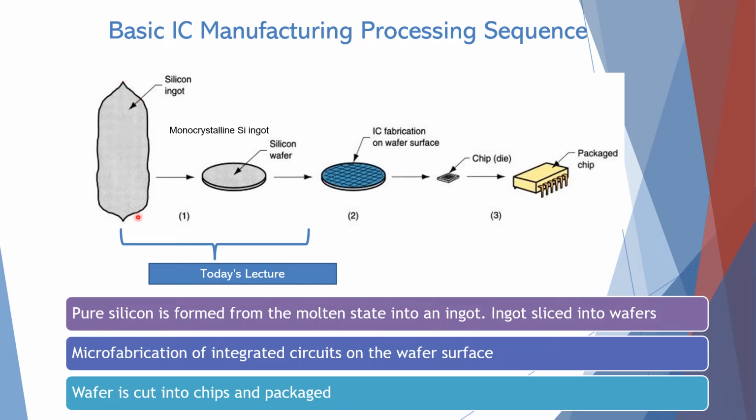This ingot will then be sliced into wafers like this one, and then microfabrication of the integrated circuit on the wafer surface will be performed. Then the wafer will be cut into dies, chips, and packaged in order to protect it from any damage or contamination.